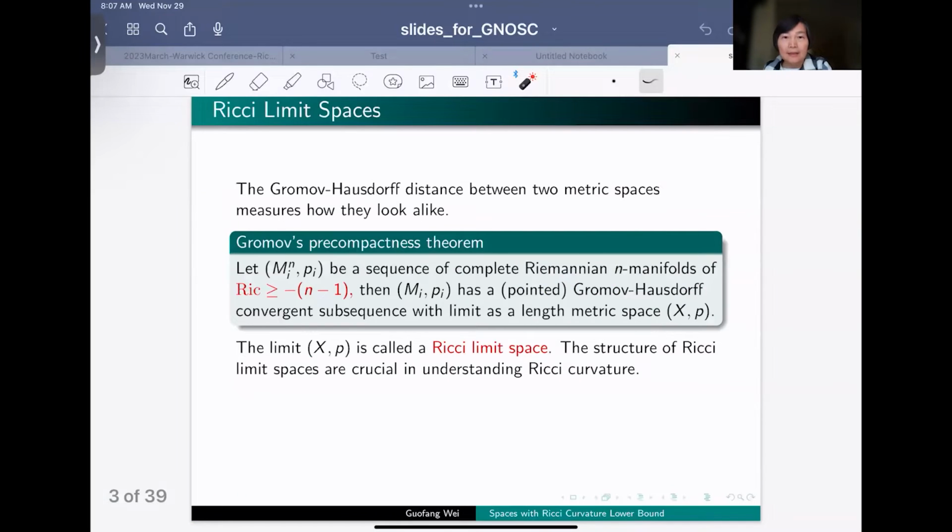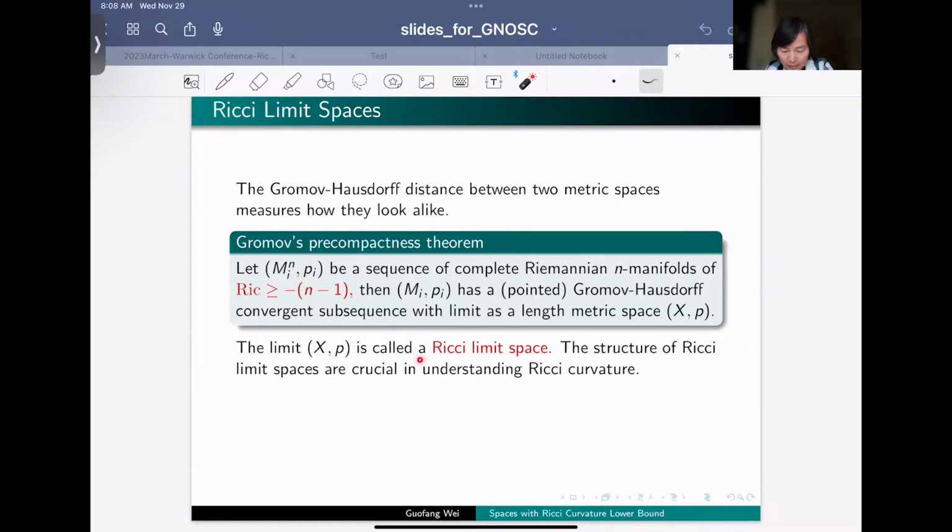About Ricci limit space, we don't need to define the Gromov-Hausdorff distance here. The starting point is the so-called Gromov's pre-compactness theorem. Namely, if you have any sequence of manifolds with a Ricci lower bound and fixed dimension, then you can always have a subsequence converging in the Gromov-Hausdorff limit.